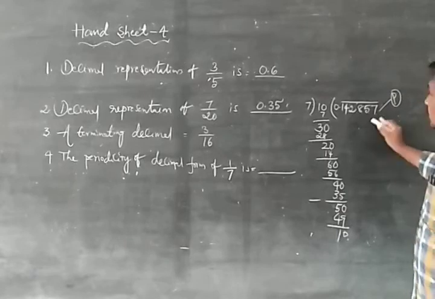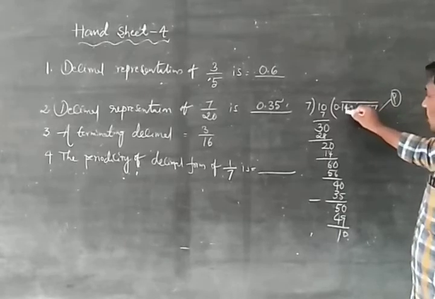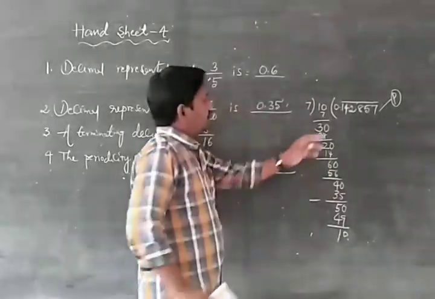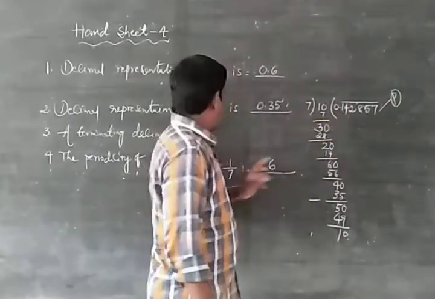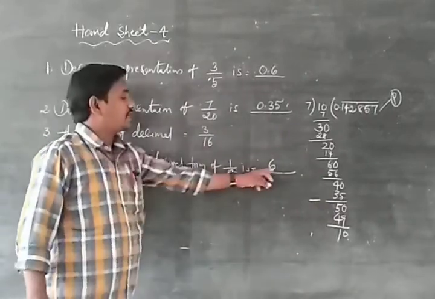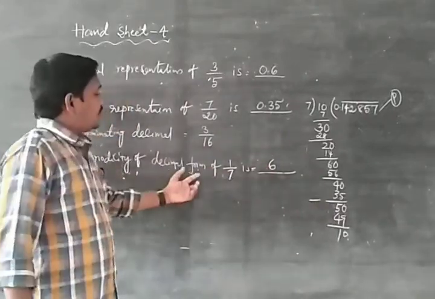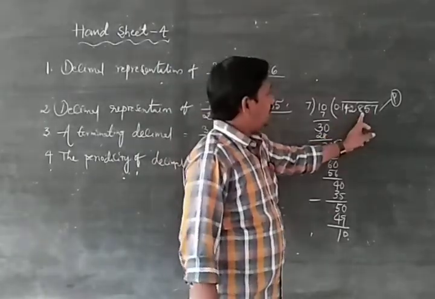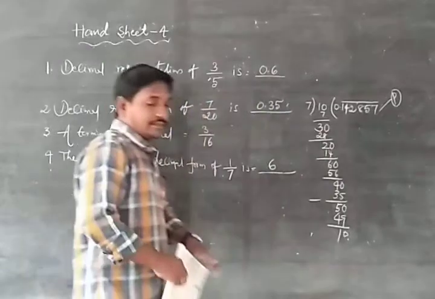How many numbers are there? 1, 2, 3, 4, 5, 6. So we write 6. The periodicity of the decimal form of 1 by 7 is 6. The period of the decimal form of 1 by 7 is 142857. Understand?